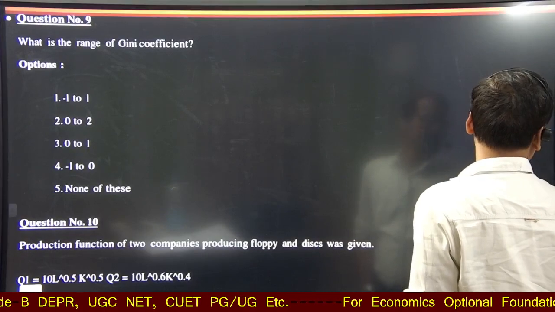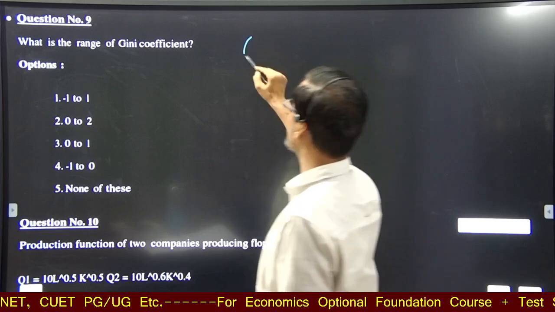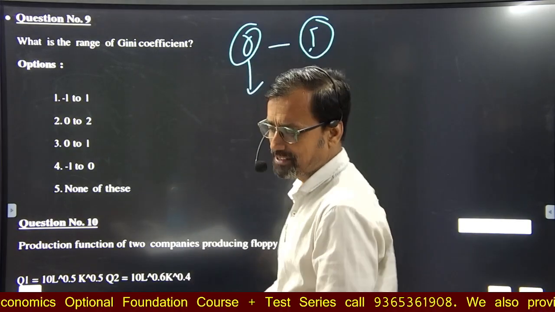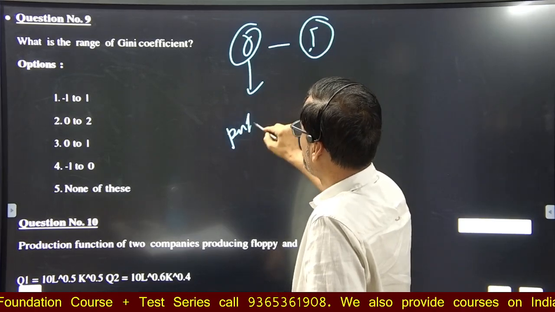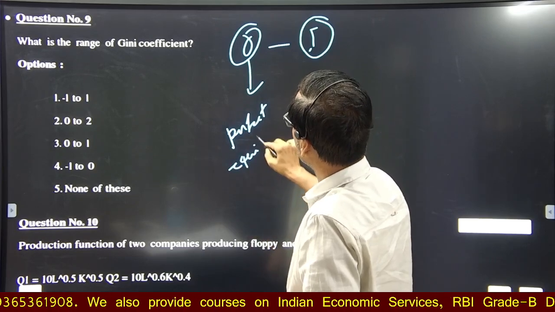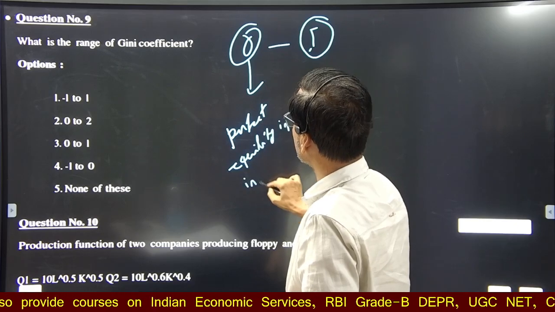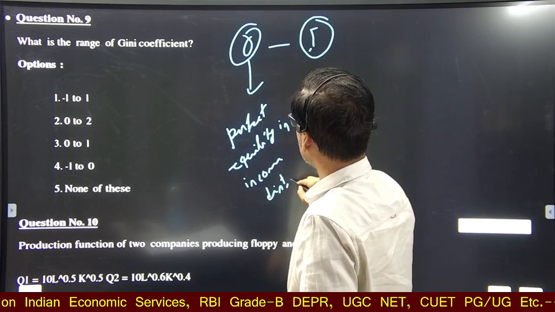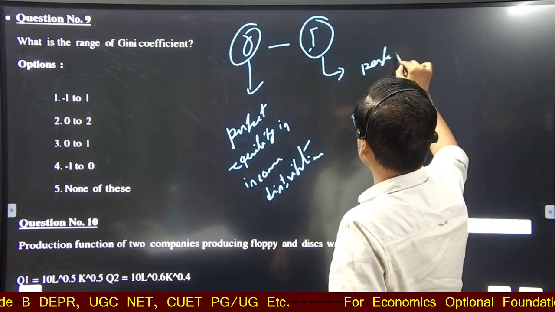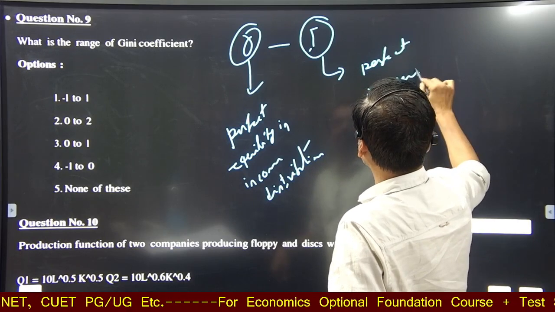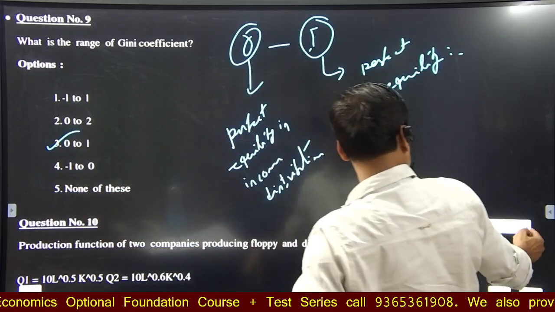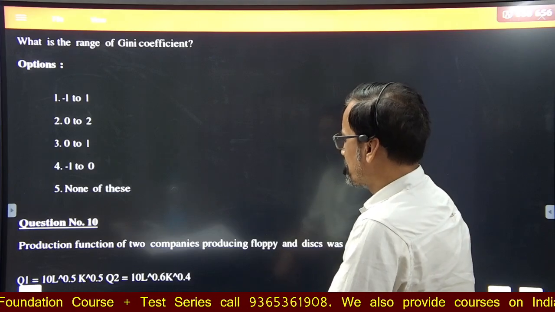The Gini coefficient varies between 0 and 1. 0 means perfect equality in income distribution, and 1 indicates perfect inequality in income. So the correct answer is 0 to 1.